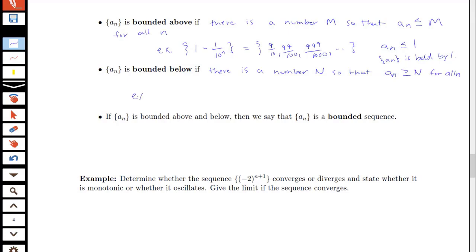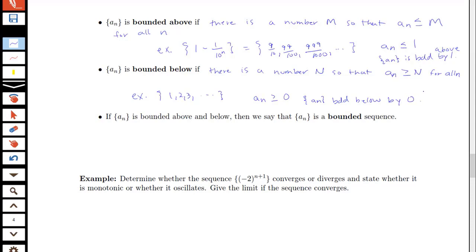For example, if I had the sequence 1, 2, 3, etc., just my sequence of integers, these terms are certainly always bigger than 0, so the sequence in this case is bounded below. Up here it was bounded above by 1. This example here is a sequence that's bounded below by 0, for example.